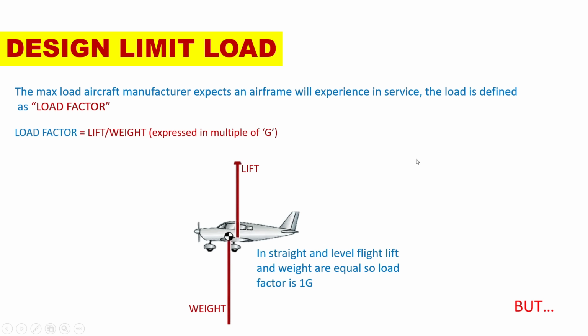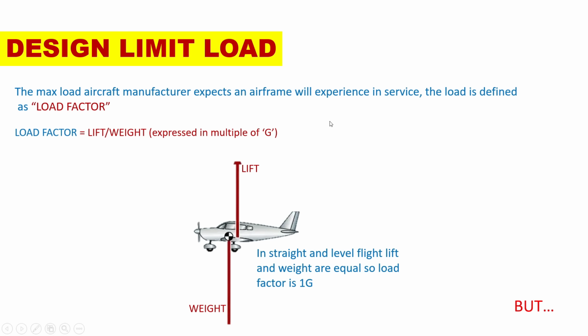If you have seen Top Gun Maverick, the first scene where the aircraft is being tested is exceeding 9 Gs, 10 Gs, 10.2, 10.3 Gs. This is what they were talking about. It was a load factor, basically lift by weight.